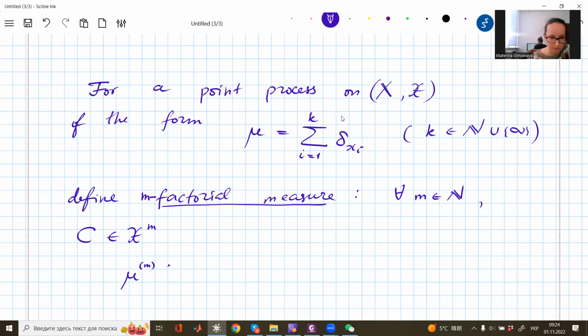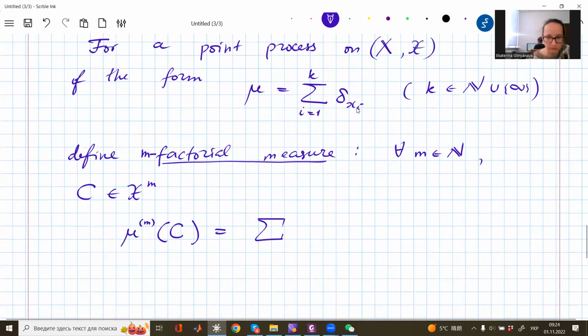of a process mu by this equation. This is the sum over non-equal indexes, like we had in the left-hand side in the proposition, and here indicator that.